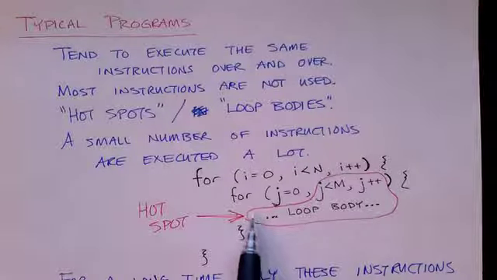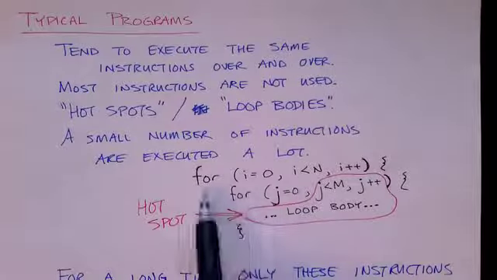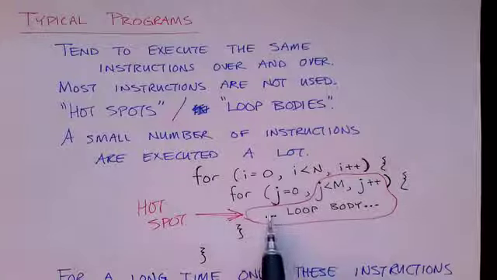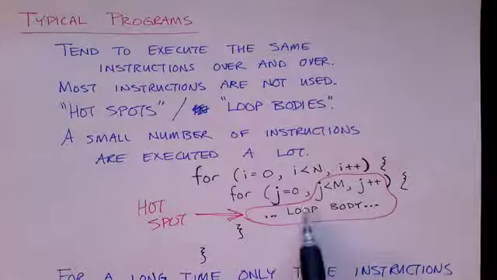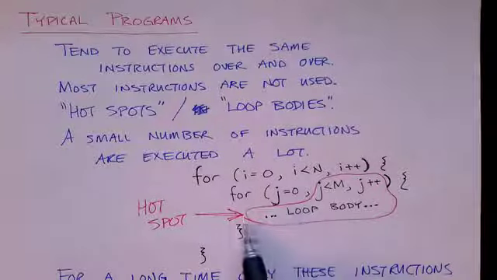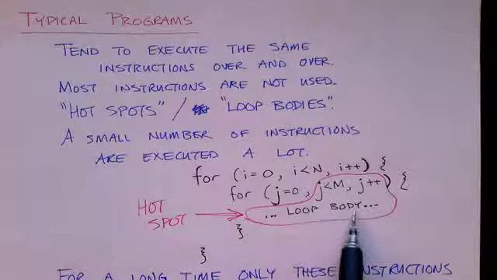So here's a short example of a program that has two nested loops, and the inner loop has a body with some statements in it, and those statements are executed over and over the most. So most of the time this program is executing the statements that are part of the loop body.